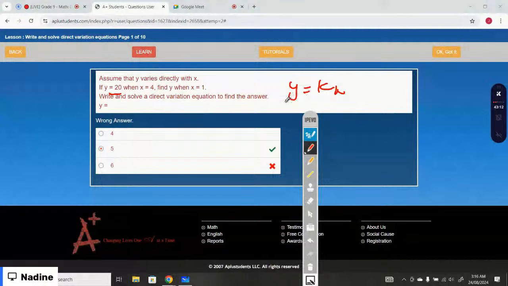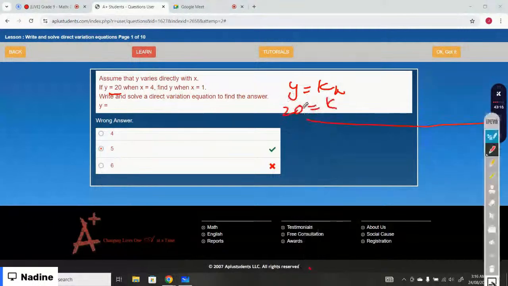Y is 20 and x is 4. So k equals 20 divided by 4, that is 5, right? Now use it for the second one. Y equals 5x, right? And x is 1. So 5 times 1 is 5. So the correct option is 5, not 6. Got it?